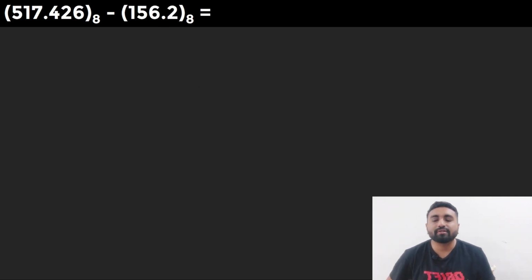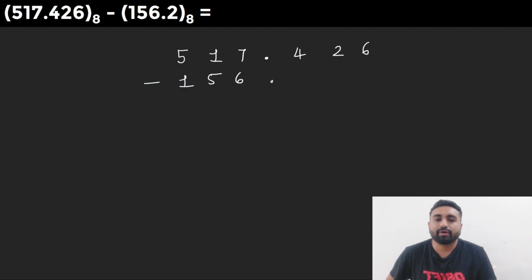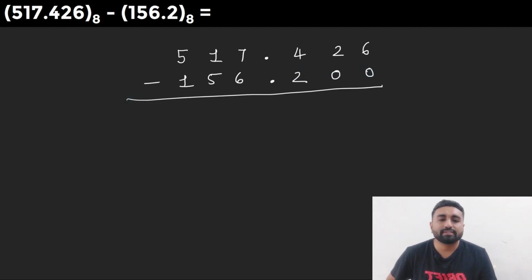Now moving on to the third example, here we have two numbers. 517.426 minus 156.2, and here we can add 2 zeros to get the full number. So doing the subtraction, 6 minus 0 will be 6, 2 minus 0 will be 2, 4 minus 2 will be 2.